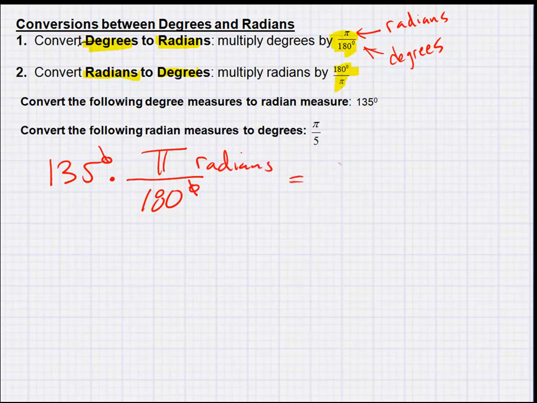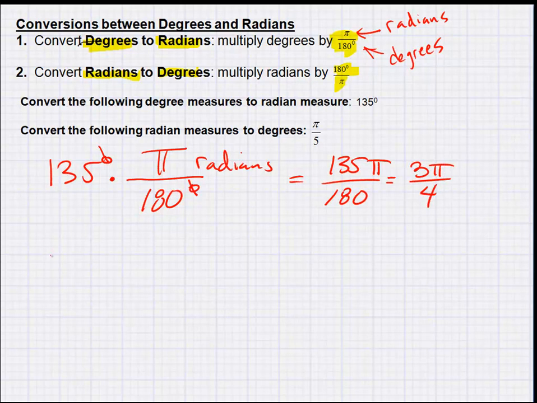So I get 135 pi over 180. If I simplify, 45 goes into both of those. 45 goes into 135 three times and into 180 four times, so 3 pi fourths.